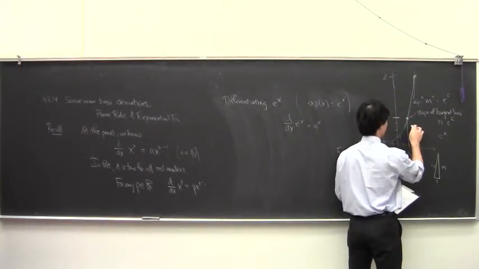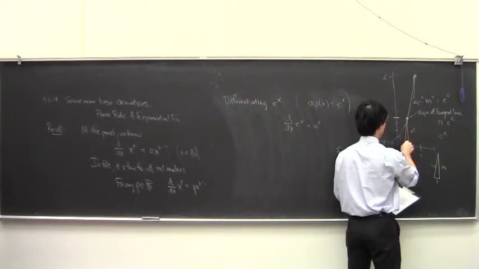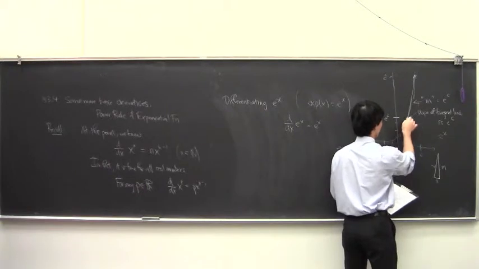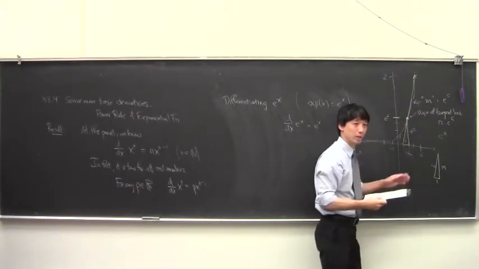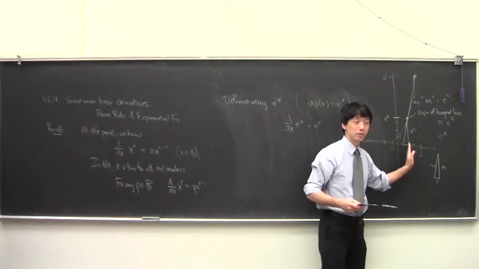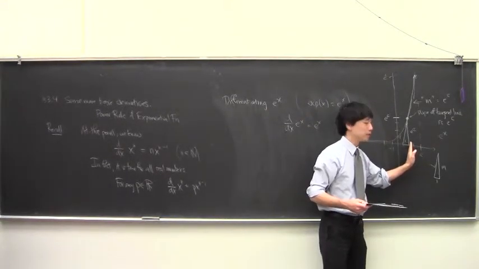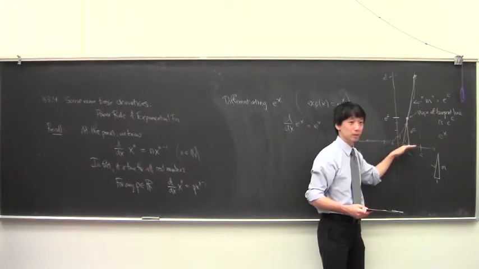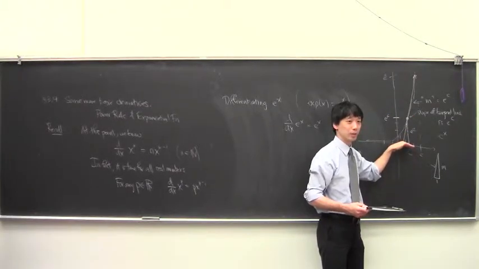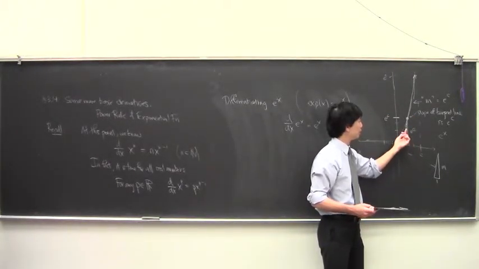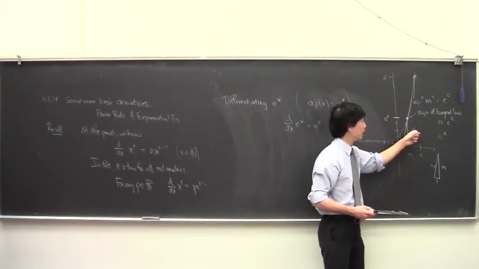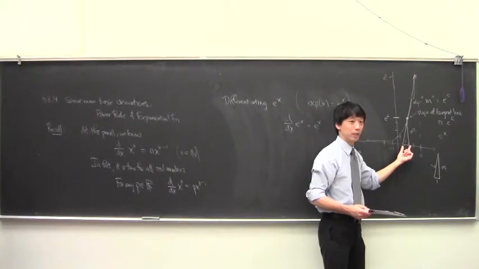This is e to the c, and this is 1. So what does the slope tell you? It tells you how far you move in 1 unit of time. If you move 1 unit, how much does the tangent line drop? The tangent line is moving e to the c units every 1 unit of time.